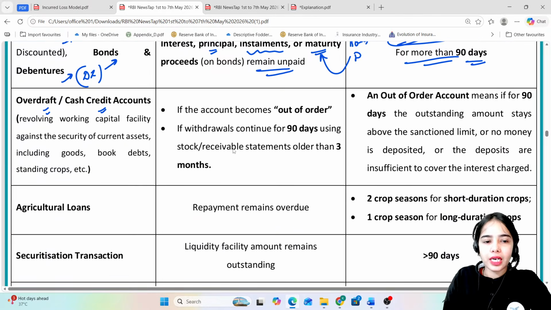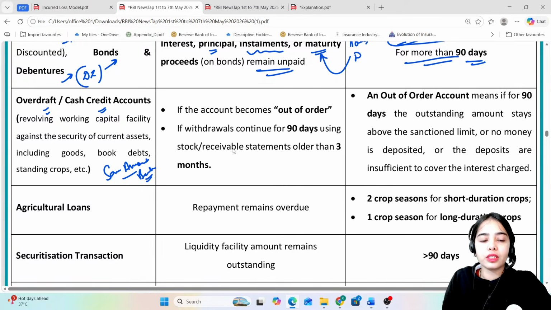Overdraft or cash credit accounts are those in which there is a sanctioned amount given by the bank. In this case, the overdraft or the cash credit accounts are considered NPA if the account becomes out of order.